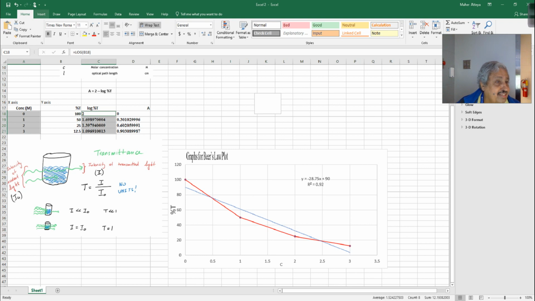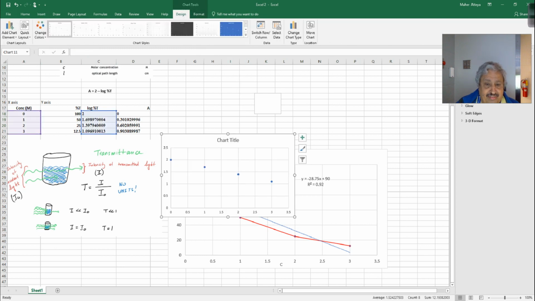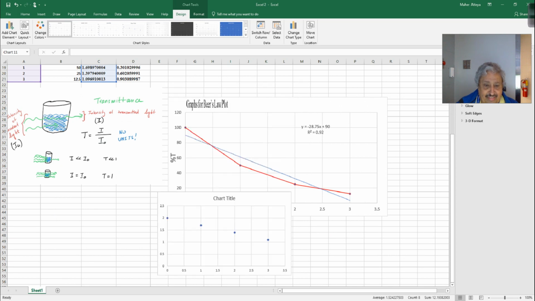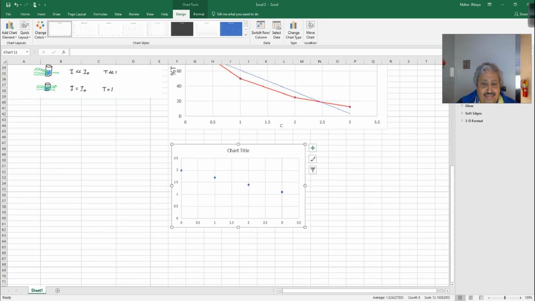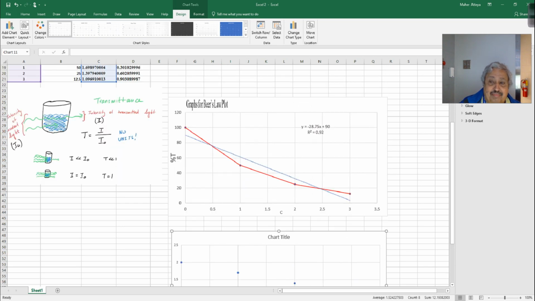Then I will insert the same thing here, with a scattered line. We can take this one down a little bit. That's our second one. Okay, guys, everybody's following? I can take it up a little bit, the same thing we did at the top here.